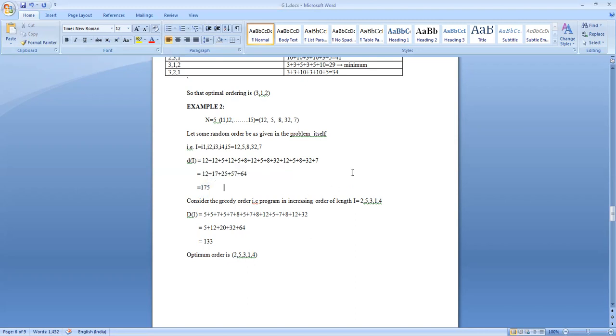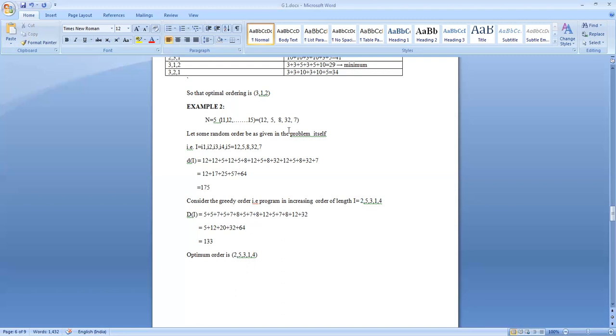Now, let us go to the greedy selection method. What does the greedy selection say? Select programs in the increasing order of their length. Which program has the minimum length? 5. So the second program has the minimum length, and that is considered first.